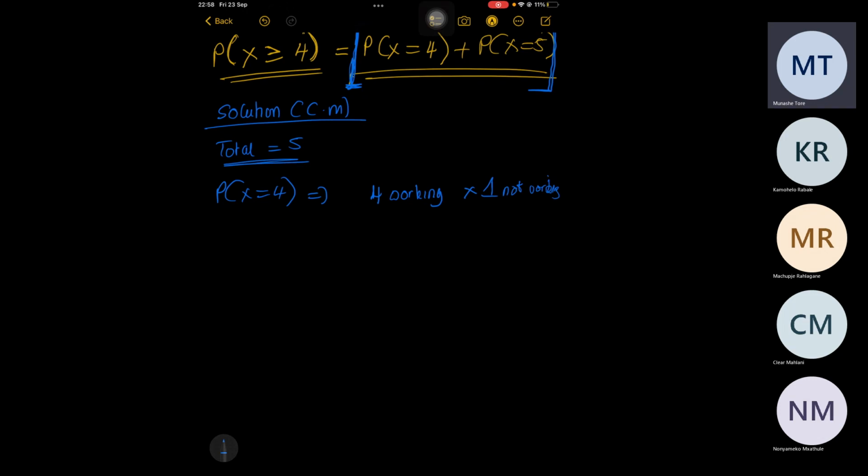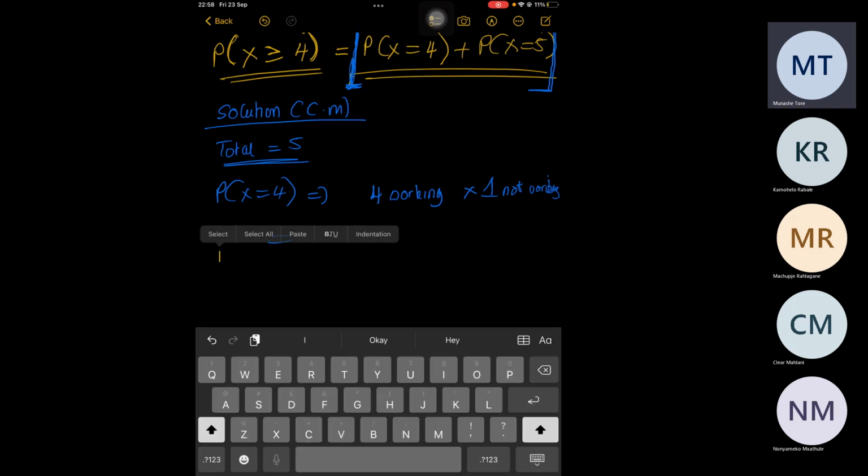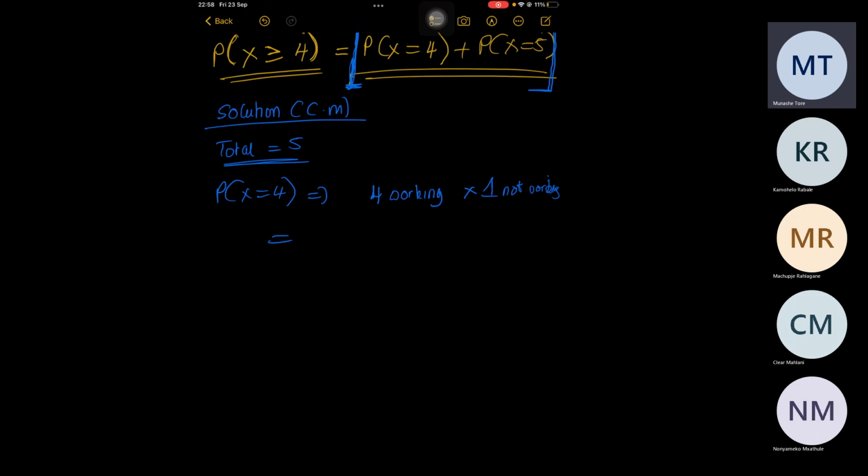So what is the probability of 1 component working? It is 0.9, like we already know. So if 0.9 is the probability of 1 component working, then what is the probability of 4 components working? We use the multiplication principle, because it's going to be this component and the other one and the other one and the other one.